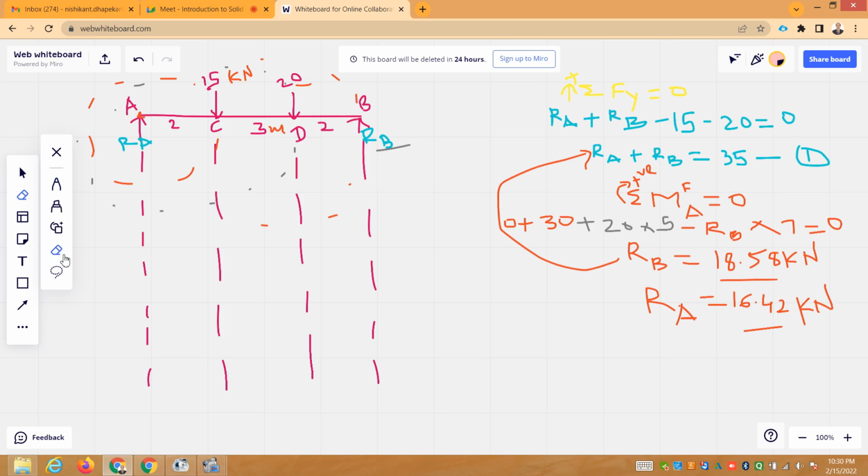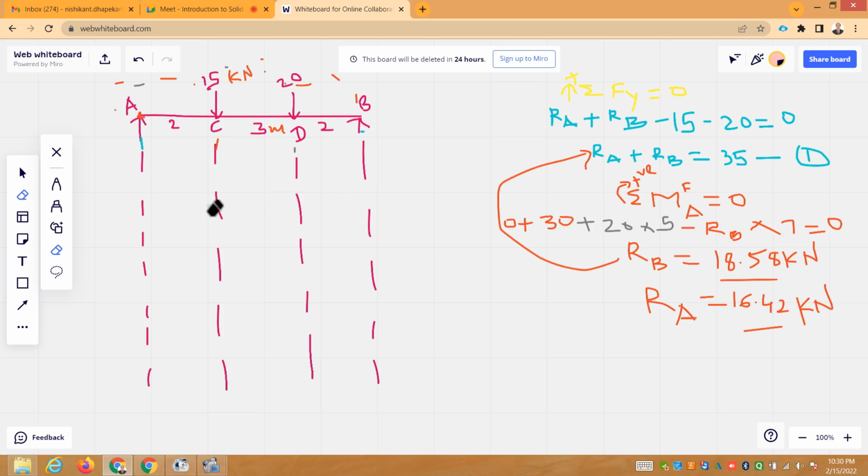Now we have calculated these reactions. So write down here now how much is Rb, and the value of Ra also you note down. Let me clean the board. So remember, students, we are applying here the equations of equilibrium.